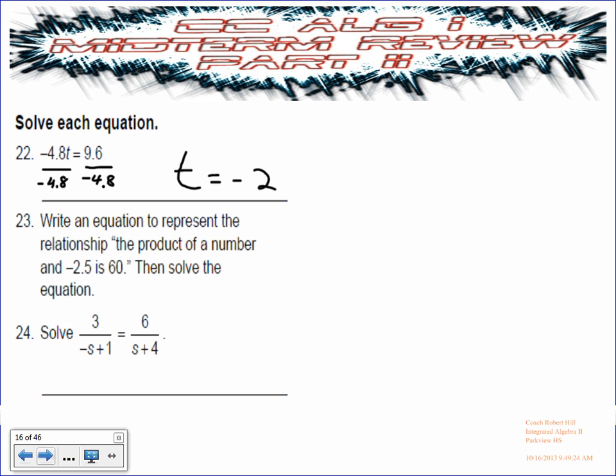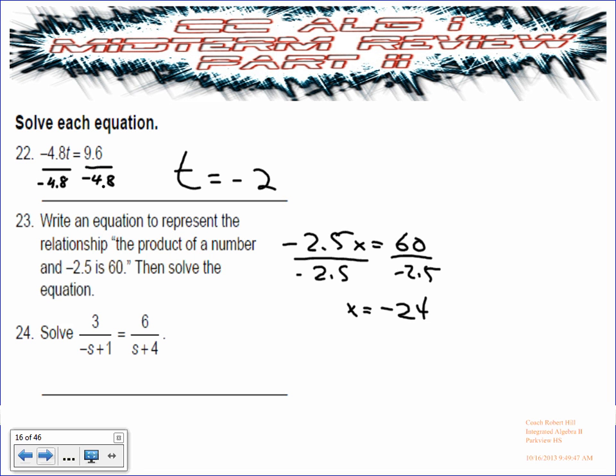Product means multiply. So negative 2.5x equals 60. Divide both sides by negative 2.5, and x equals negative 24.